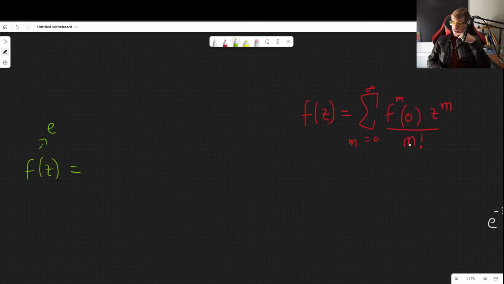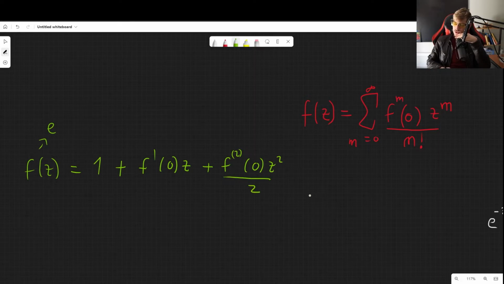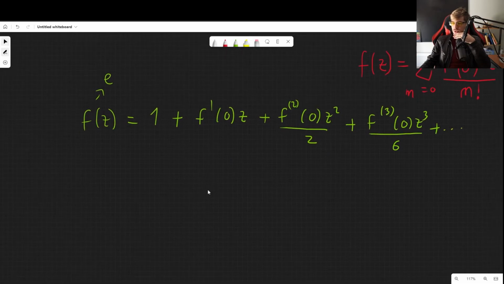Z to the 0, which is 0 factorial, so 1, plus first derivative evaluated at 0 times z divided by 1 factorial, which is 1, plus second derivative, let's write it like that, evaluated at 0, z squared divided by 2 factorial, which is 2. Then we get f derived 3 times evaluated at 0, z cubed divided by 3 factorial, which is 6, and so on. Okay, so let's find each one of the derivatives.